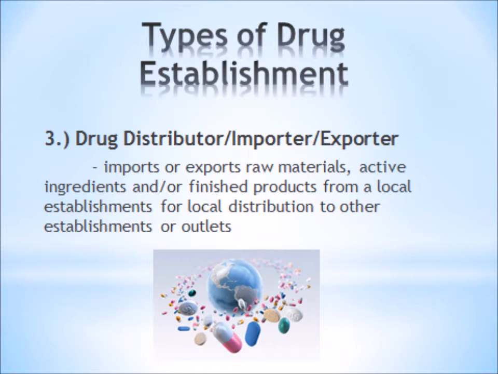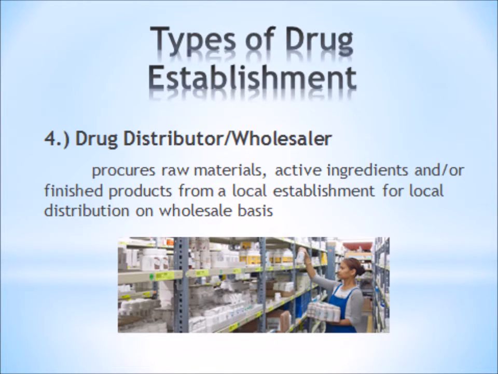Drug distributor, importer, exporter, imports or exports raw materials, active ingredients, and/or finished products for its own use or for wholesale distribution to other establishments or outlets. Drug distributor, wholesaler, procures raw materials, active ingredients, and/or finished products from a local establishment for local distribution on wholesale basis.